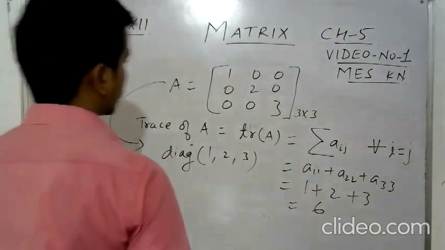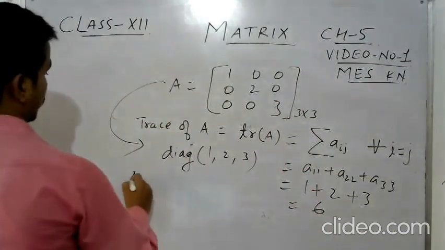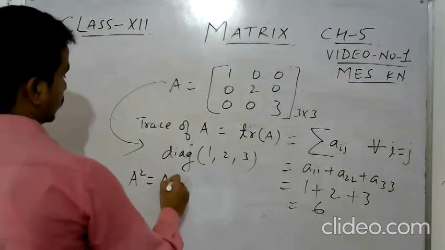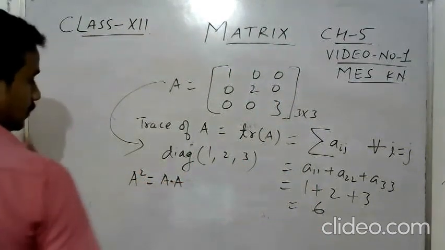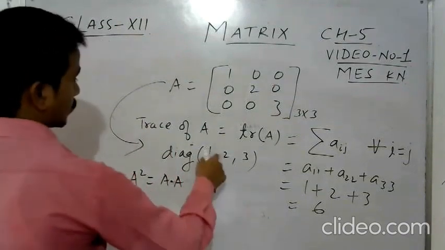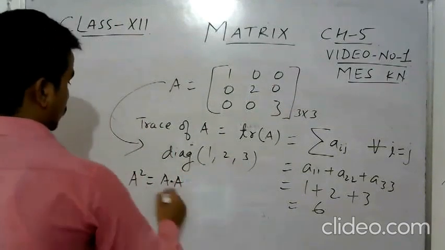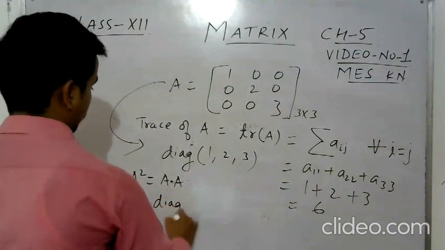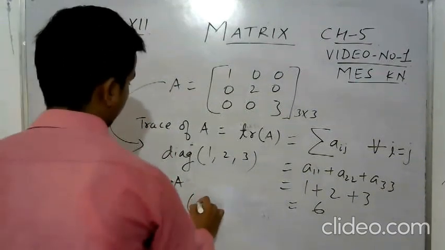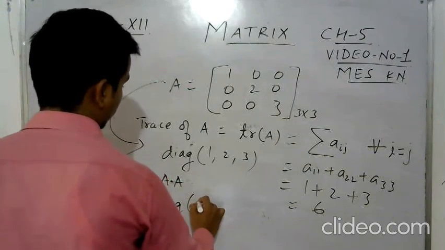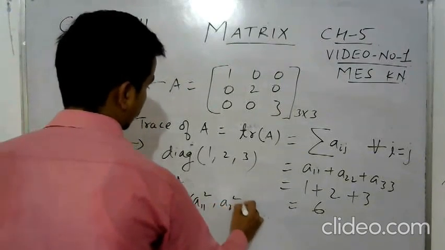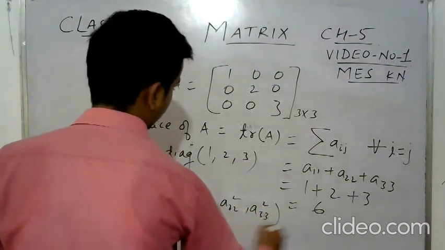Now suppose you have to find A square. A square means A into A. Later we will see it. A is a diagonal matrix and we have to find A square. Then how will you find it? Just square the diagonal elements. A square is equal to diag(A11 square, A22 square, A33 square).